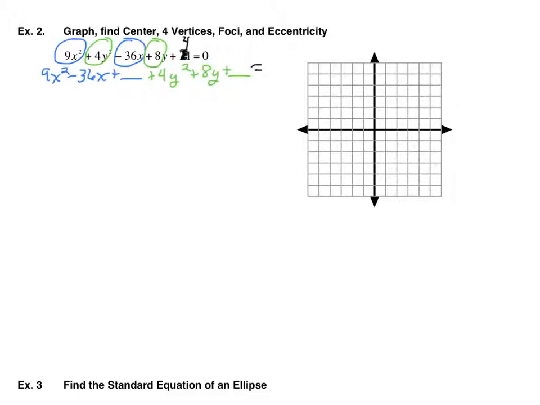Subtracting it. So then I have a minus 4. Then I have plus a blue blank and plus a green blank. Because whatever I put on the left, I have to put the identical item on the right.